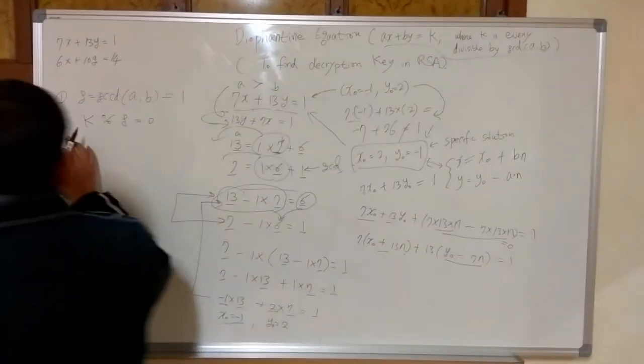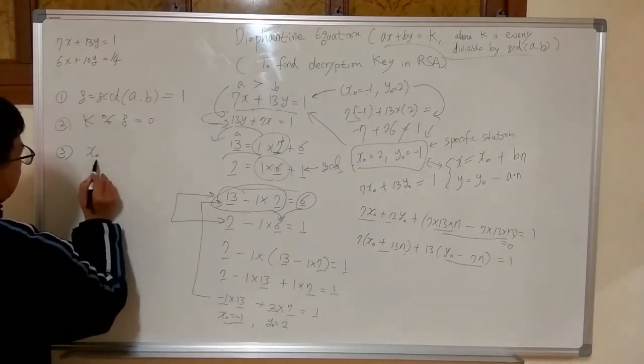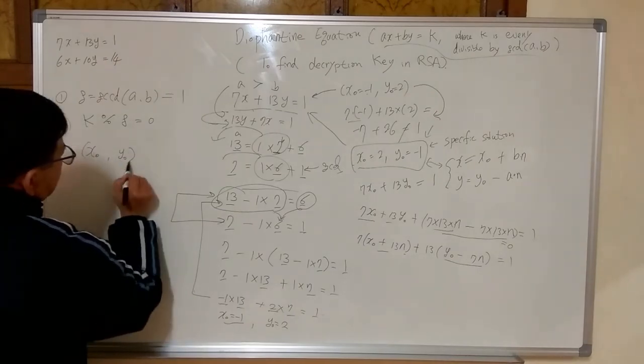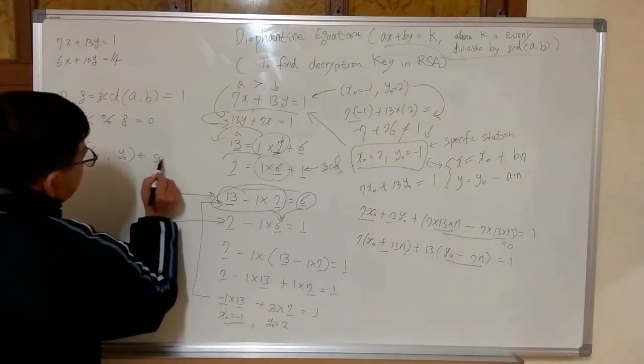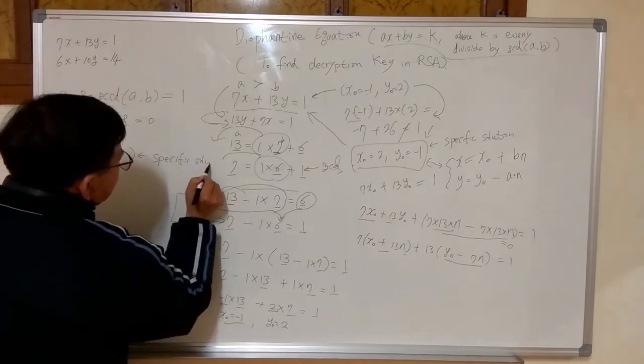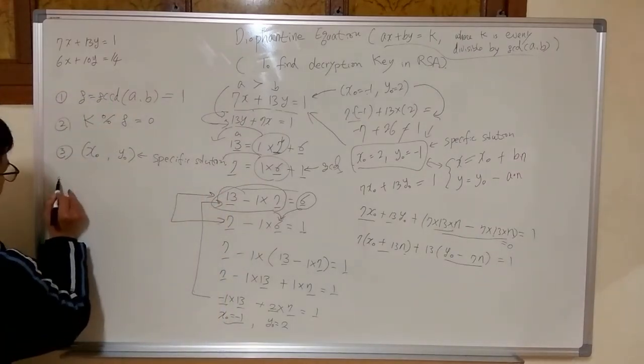So here, third step, we get x0 and y0. This is the specific solution. Then we find the general solution like this.